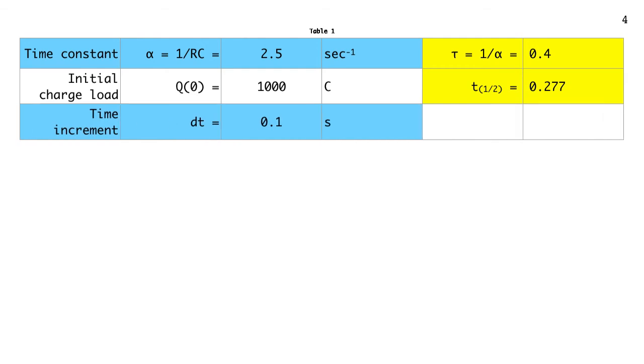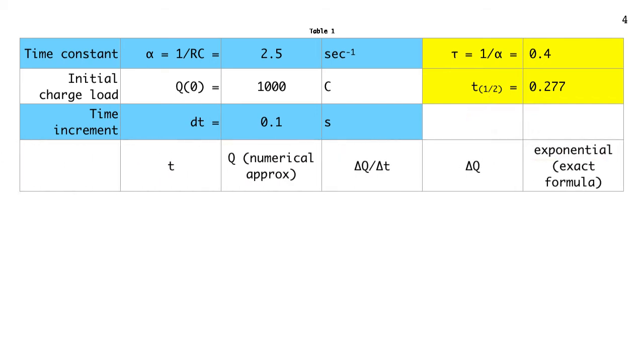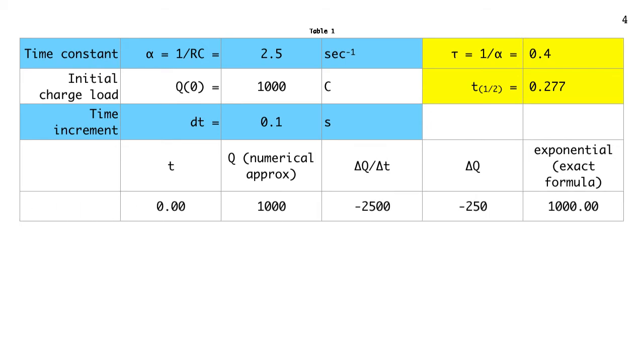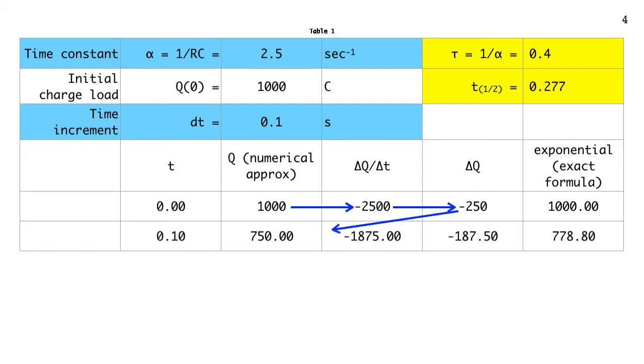So let's do that again, just to double check everything. All right, so here are your settings: time constant, initial charge load, your delta T. And over here are just for bookkeeping, so you can take a look at them. You don't really need them to calculate anything, but they're there for discussion, the two time constants. Then we set up our table, start with the initial values, and calculate the second row.